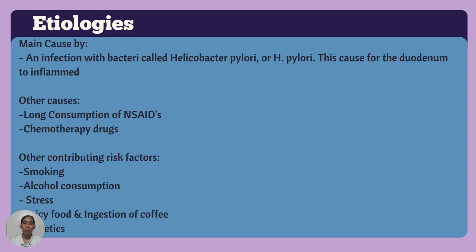Other contributing risk factors are not the cause of the duodenal ulcer, but they can contribute to worsening the symptoms. Here we have smoking, alcohol consumption, stress, intake of spicy food, ingestion of coffee, and then genetics.